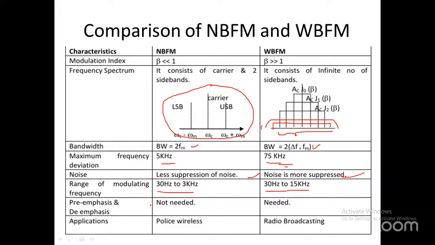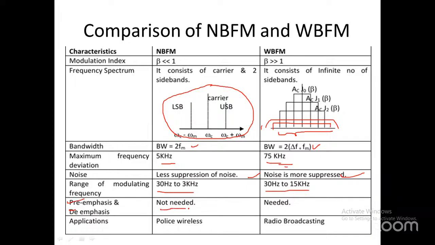Pre-emphasis and de-emphasis. These two circuits are used in the frequency modulation scheme. Pre-emphasis: before transmission, we have to boost the energy. De-emphasis: after receiving the signal, we have to decrease the energy that was given.